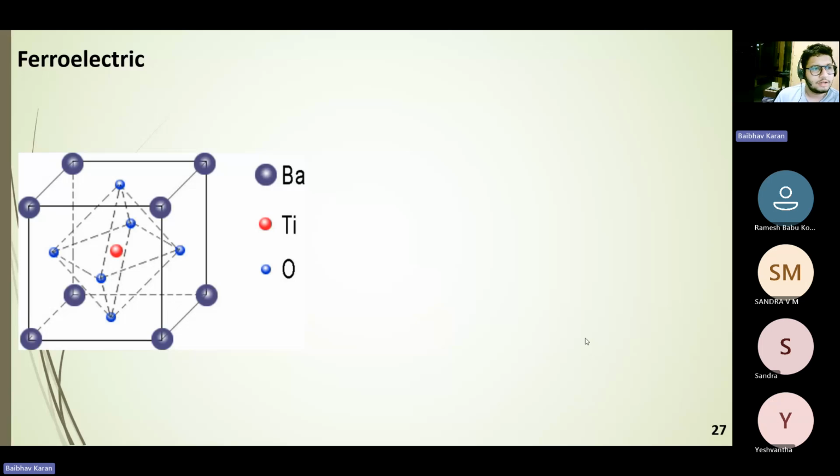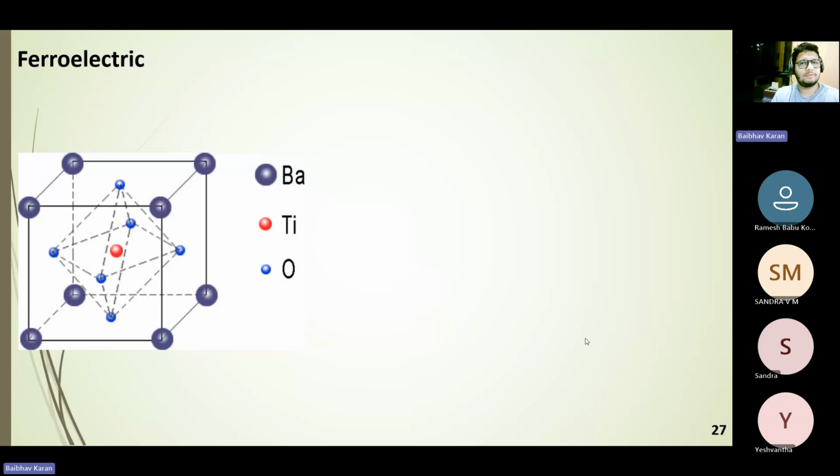It does not show any ferroelectric kind of properties. But we know that ferroelectric materials show electric properties without the source of any external voltage. That is known as ferroelectric material. So there must be a difference in the positive and negative charge in this ferroelectric material to show that property, right?